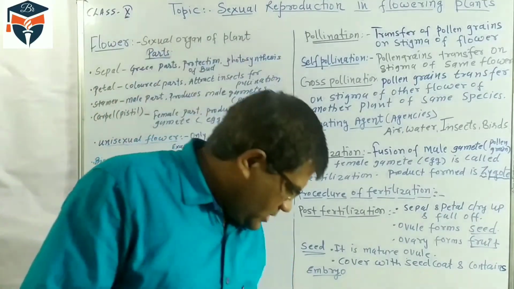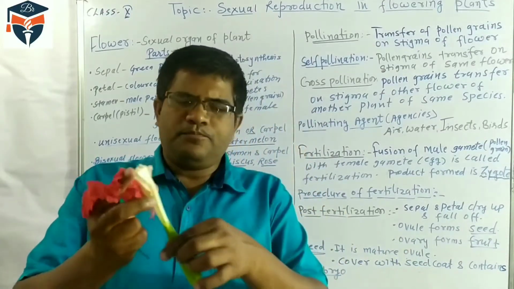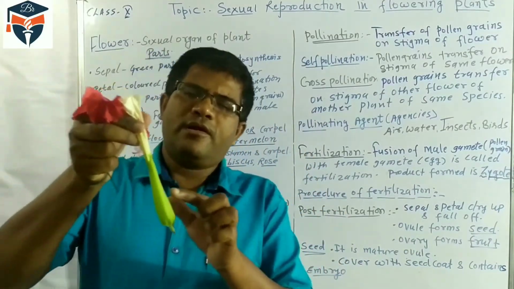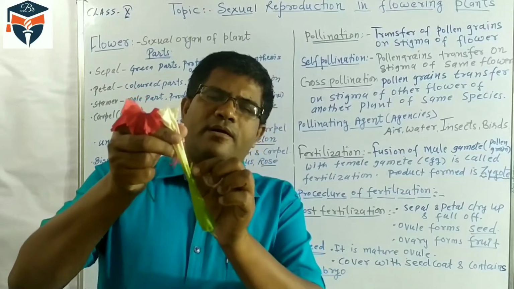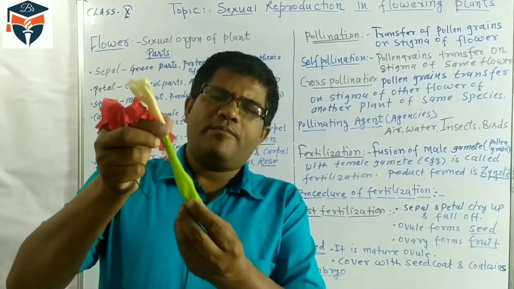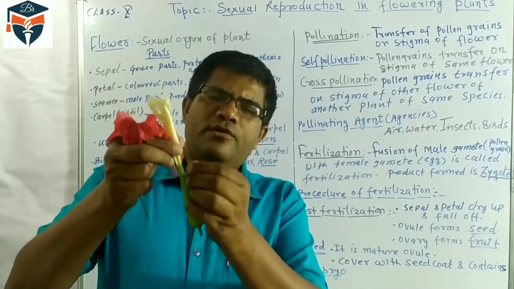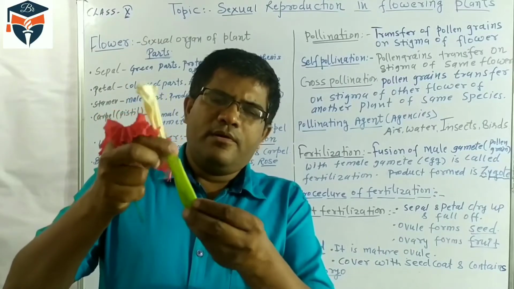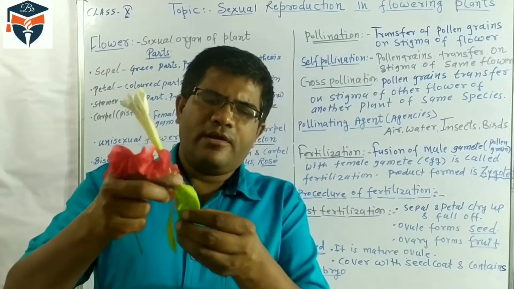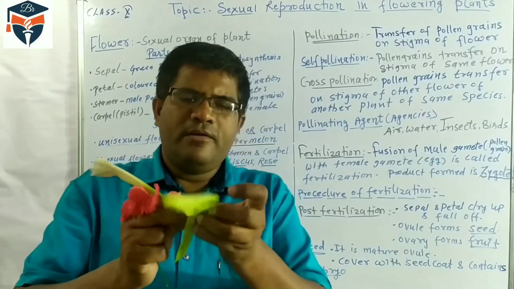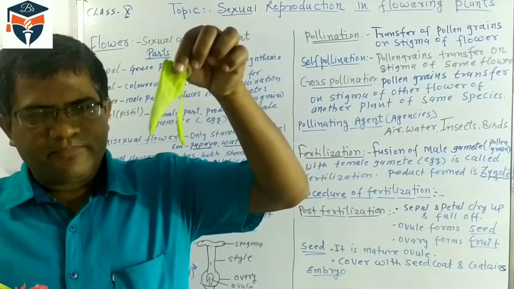If you see, children, in this one flower, the green colored part, which I am detaching, this combined green colored part is called the calyx. In the calyx, each individual part is called a sepal. So the sepal is a green colored part.